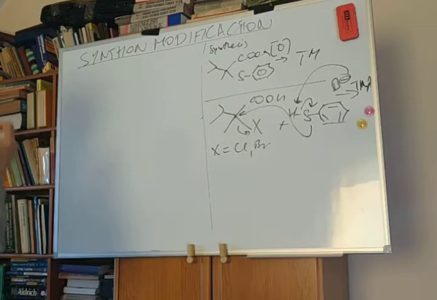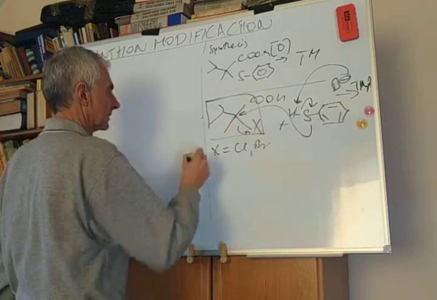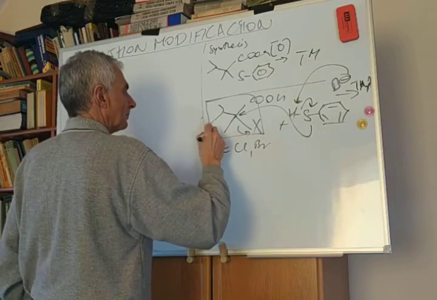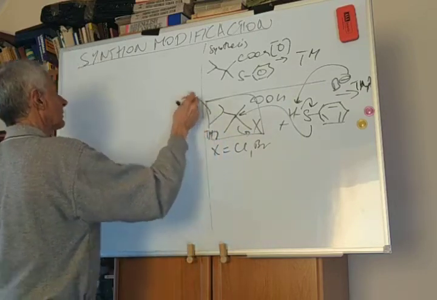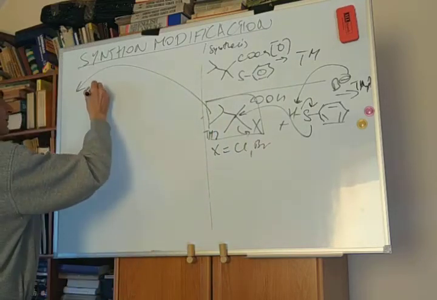And we have now this, let's say, target molecule 2. So we now have the target molecule here. We draw that.